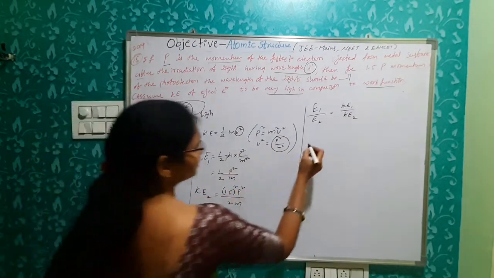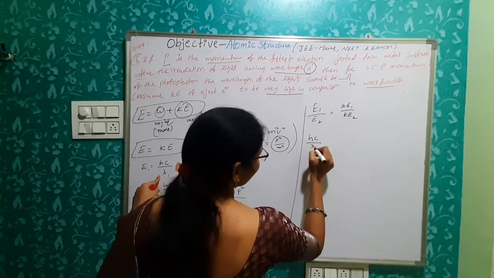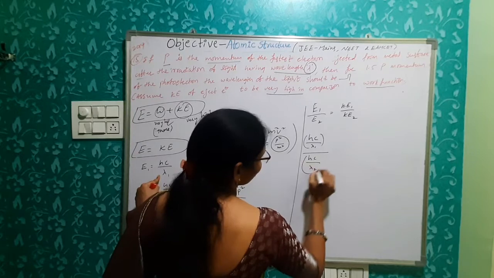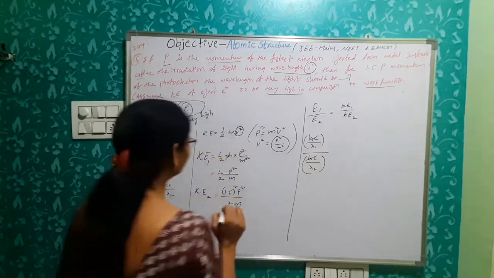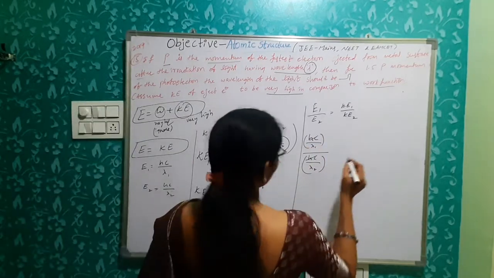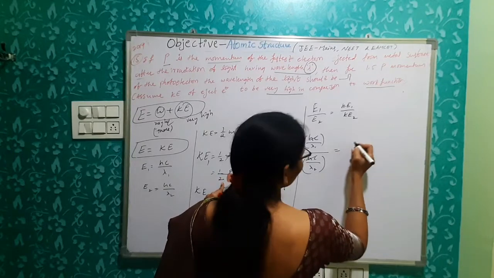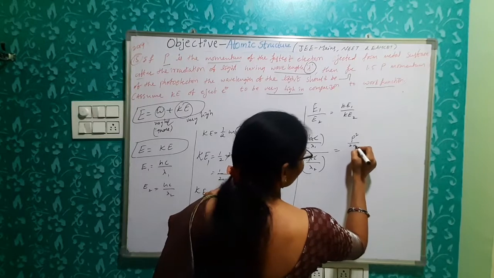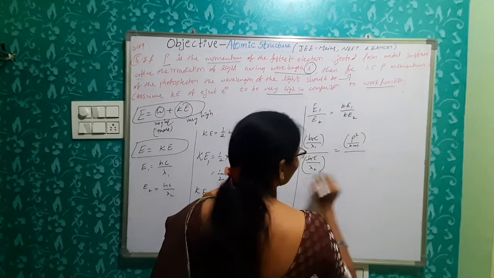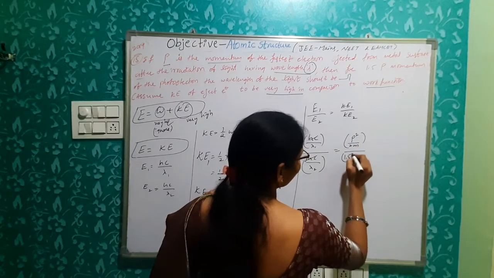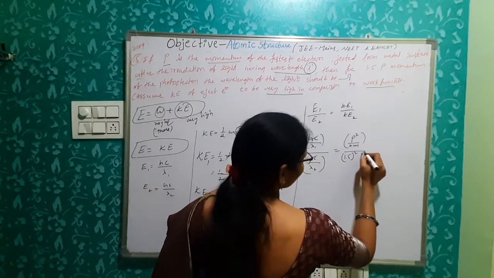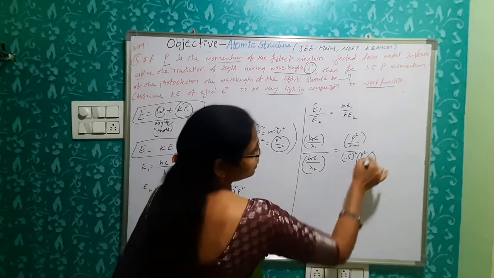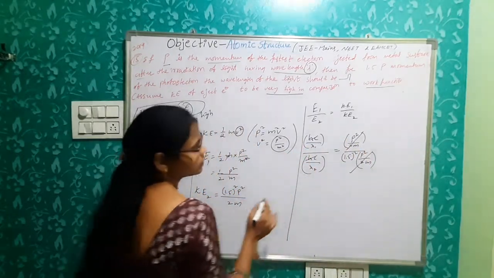E1 is hc by lambda 1, E2 is hc by lambda 2, hc mutually cancel. Then KE1 is p square by 2m, and KE2 is 1.5 whole square p square by 2m. This is also mutually cancelled.